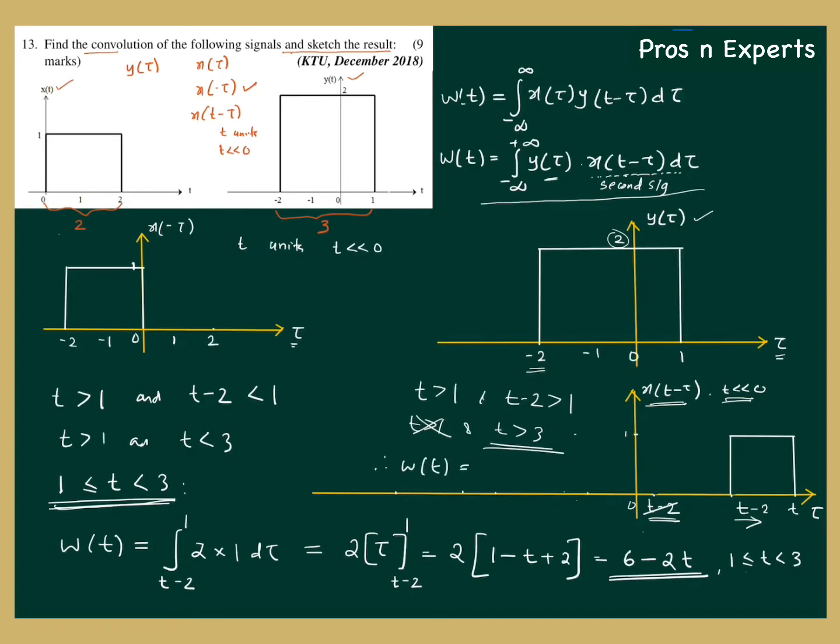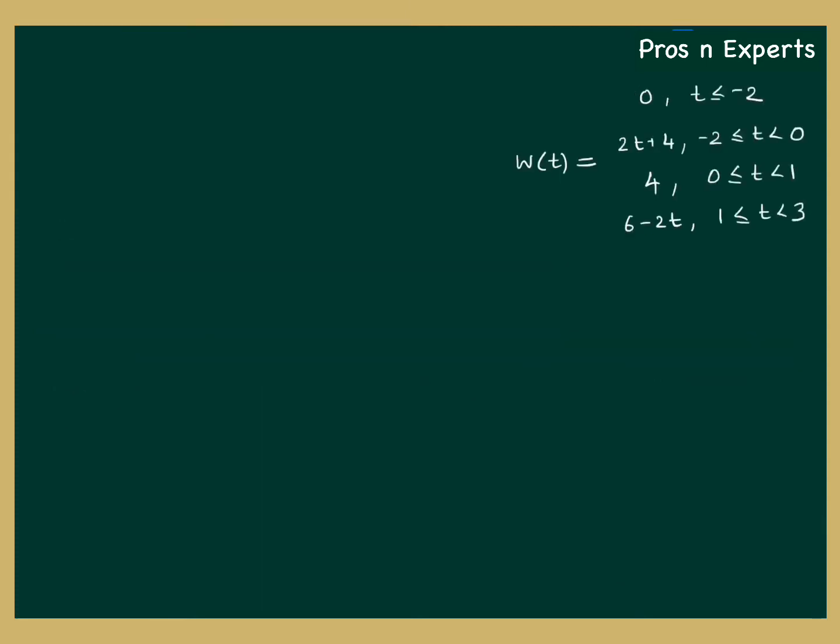W of t is obviously 0 because there is no overlapping portion common to both the signals x of t minus 2 and y of tau. So w of t equals 0 for t greater than 3. Now our consolidation is complete: for t greater than or equal to 3, 0.